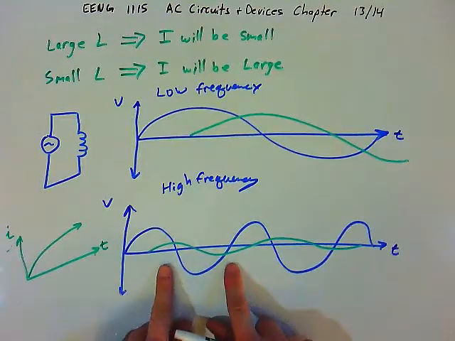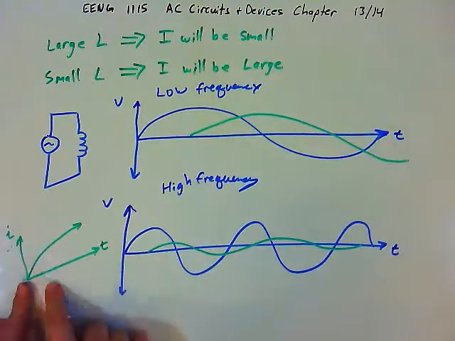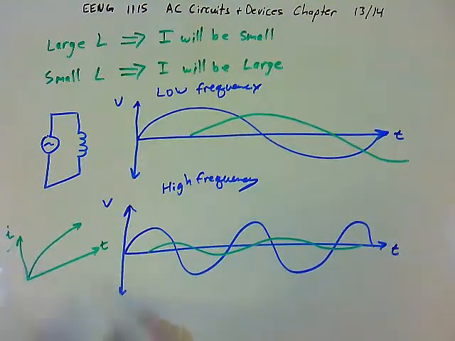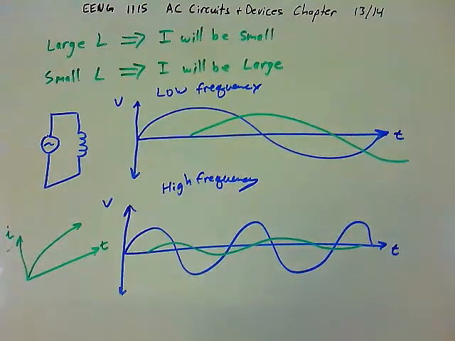When the frequency, though, is high, there's only a little bit of time for the current to rise. And so less time means less current. So with low frequency circuits, the current will be relatively higher, and with a high frequency circuit, the current will be lower. So we saw how the inductance itself affects current.